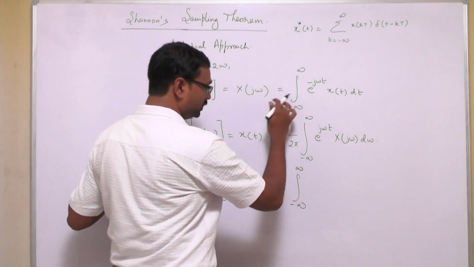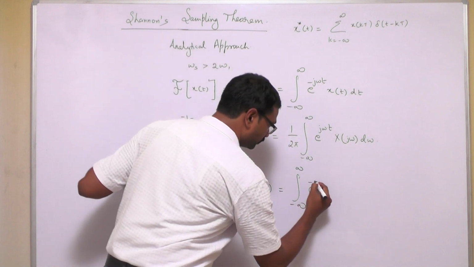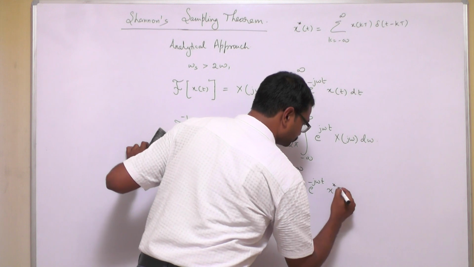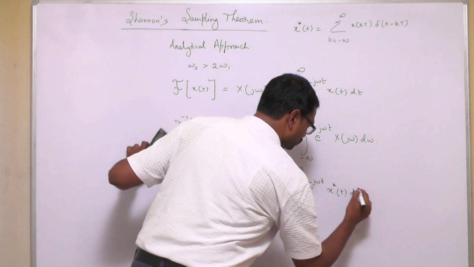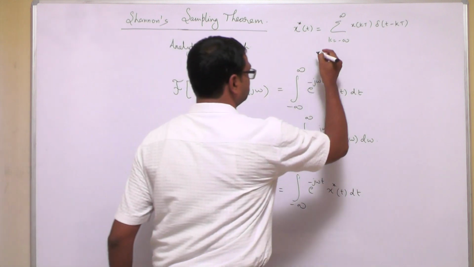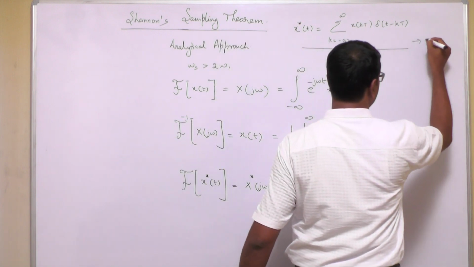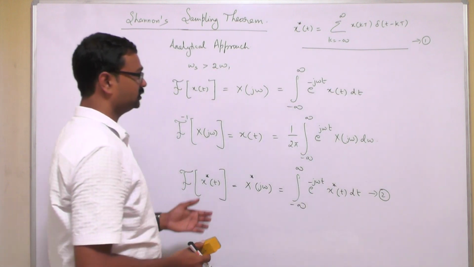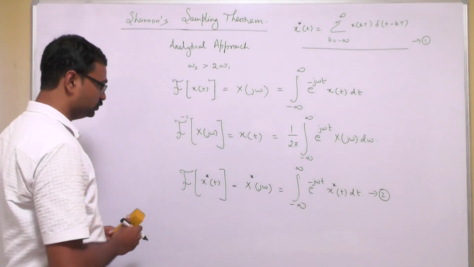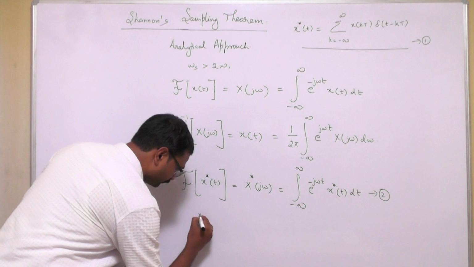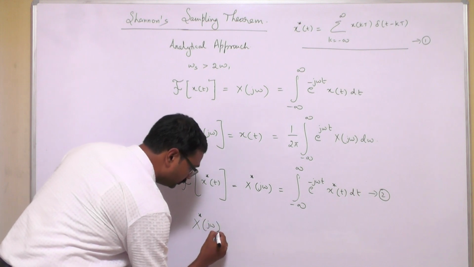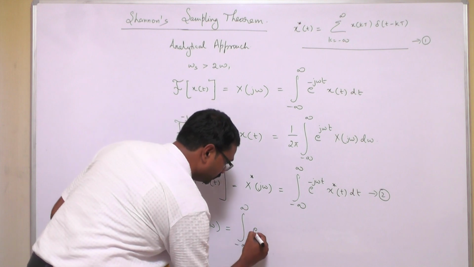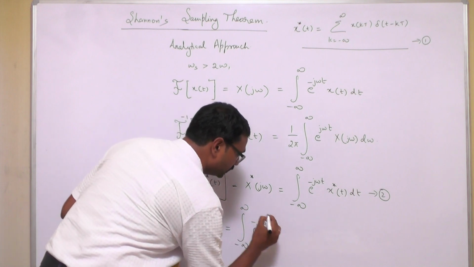As per this equation, you have e power minus j omega t x star of t dt. Now when I substitute equation 1 in equation 2, I have x star of j omega is equal to integral over minus infinity to infinity e power minus j omega t.